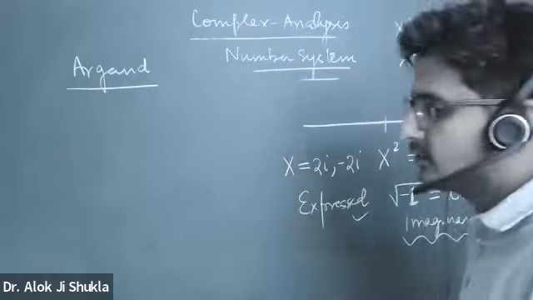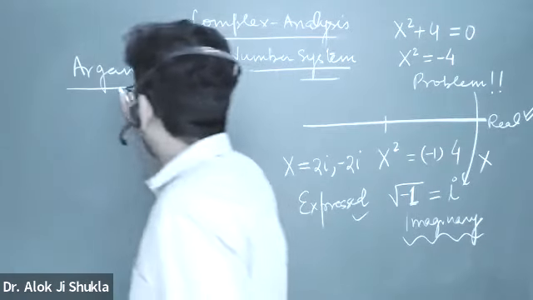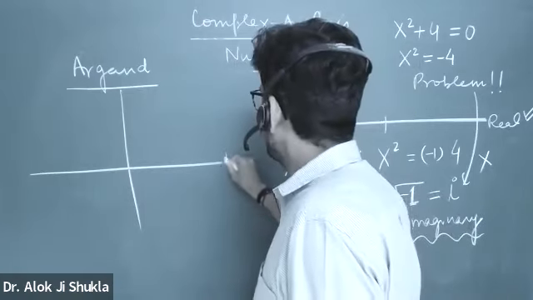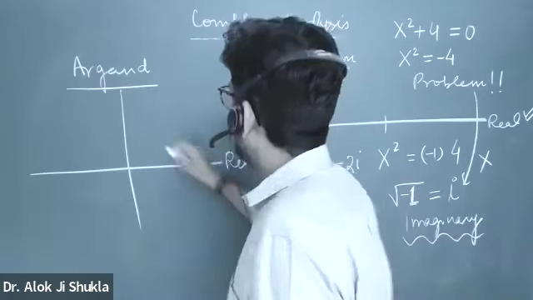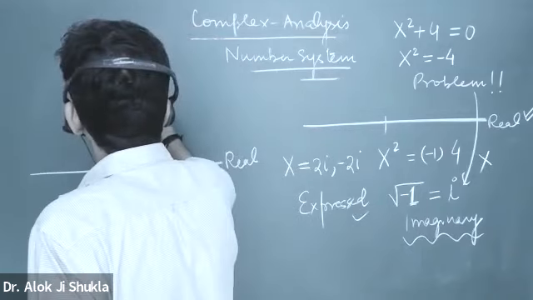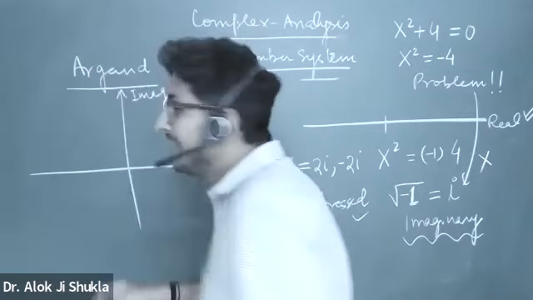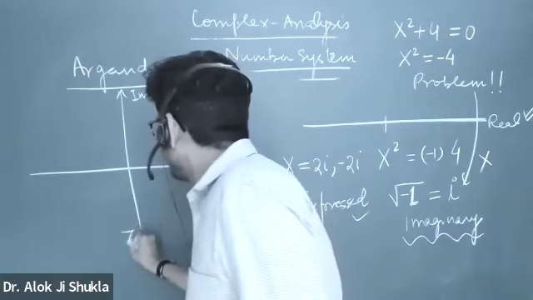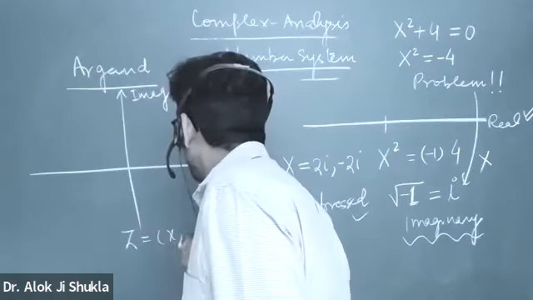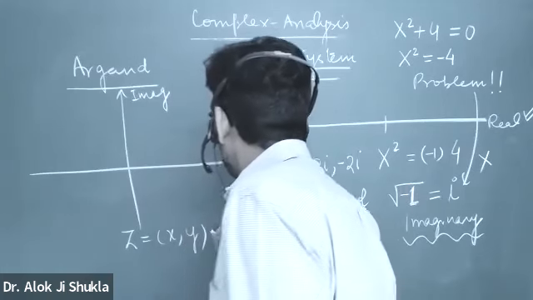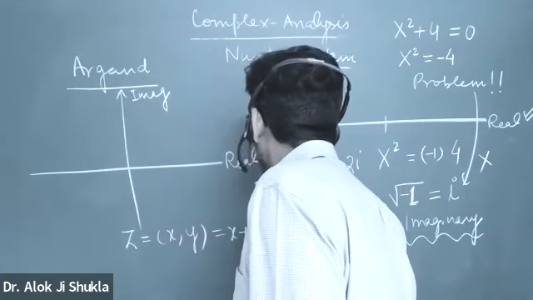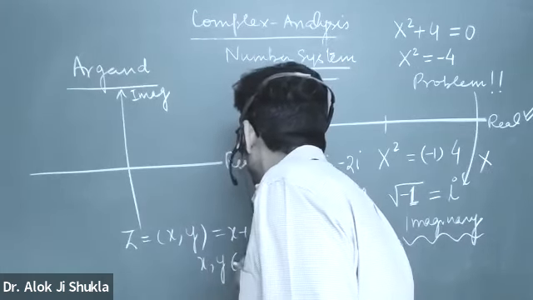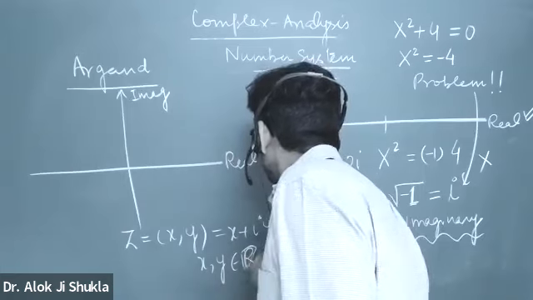So Argand got the idea for numbers from vectors, and he represented the real numbers on the x-axis and the imaginary numbers on the y-axis. And immediately the problem was resolved. So he said that any number z can be written as some number x comma y, which is actually x plus iota y, where x and y are elements of the real number set.